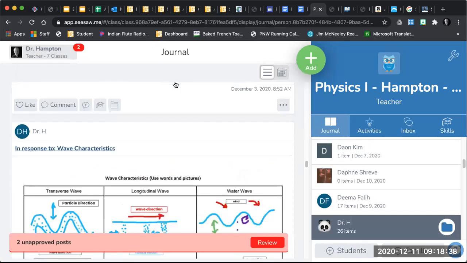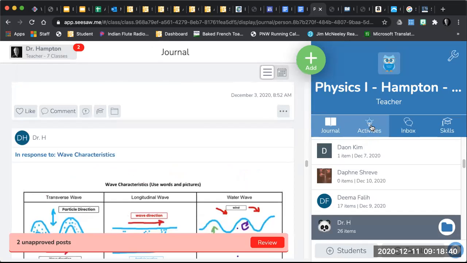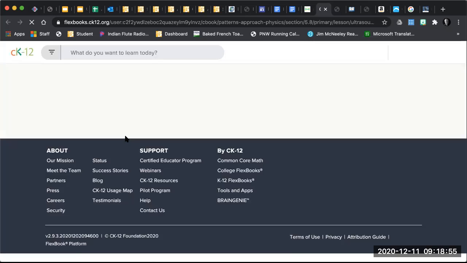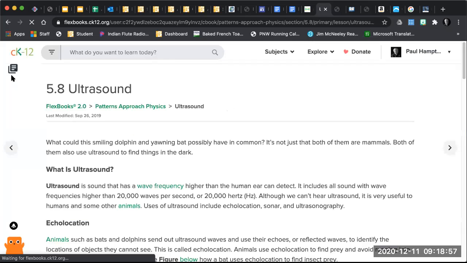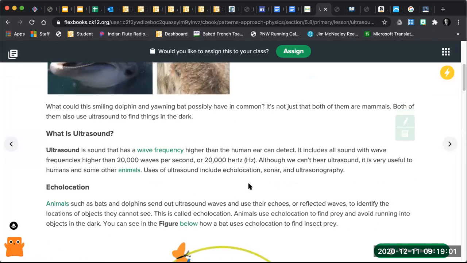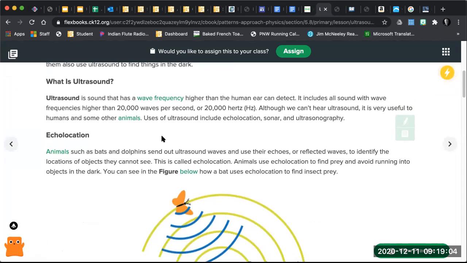All right, so what we are doing today is going to be working on ultrasonics. And ultrasonics has a couple of different applications, and several of them are outlined in this article that I'm going to have you go through on ultrasound. So it talks about echolocation.